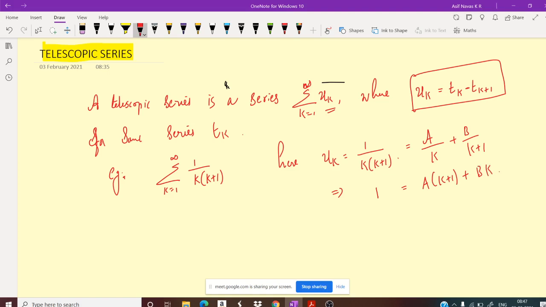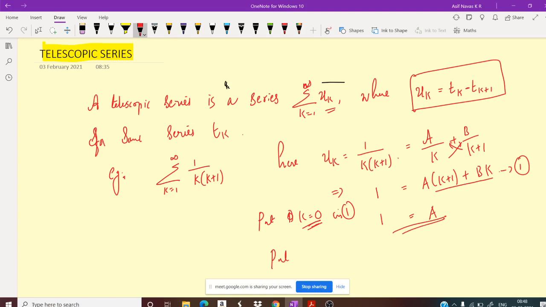So we are cross multiplying and equating the numerator. Now put k equal to 0 in equation number 1. Then 1 equal to a, since b k becomes 0.